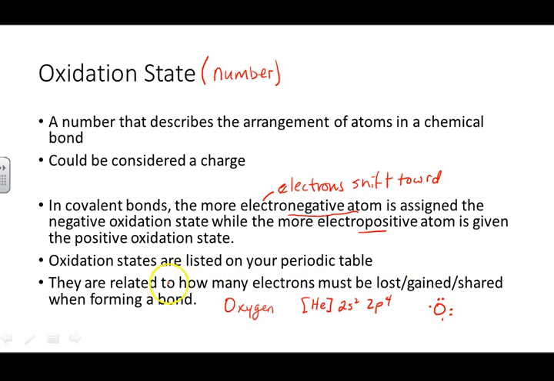If we're going to be gaining electrons or sharing electrons somehow for this oxygen atom, the intent is to gain, lose, or share until you get an octet.